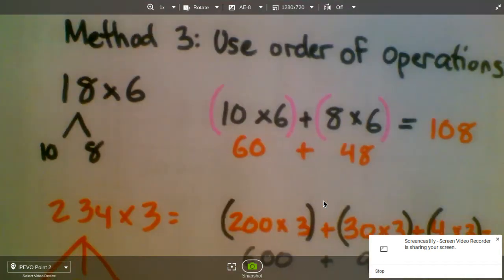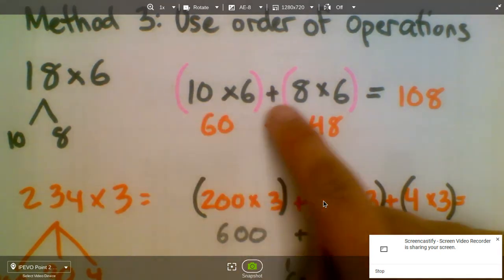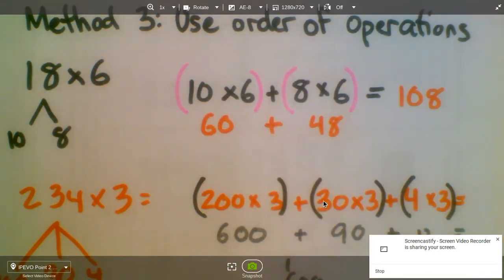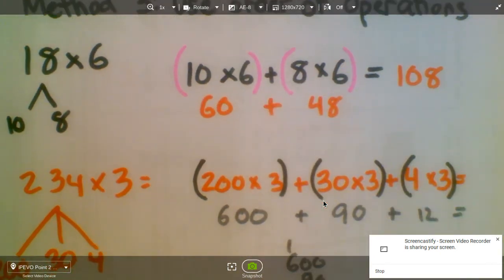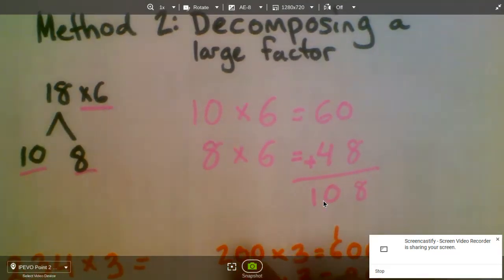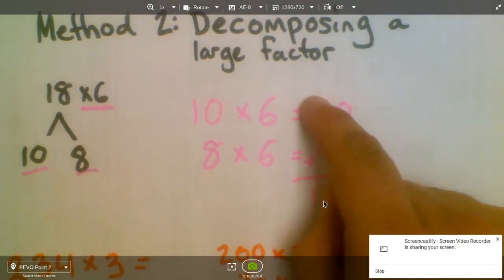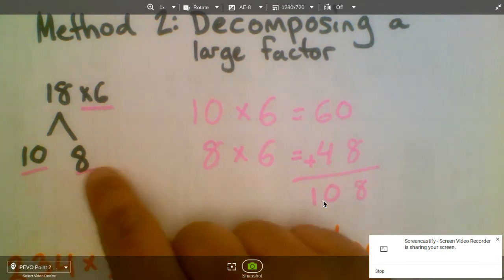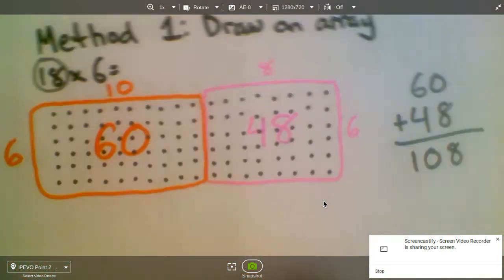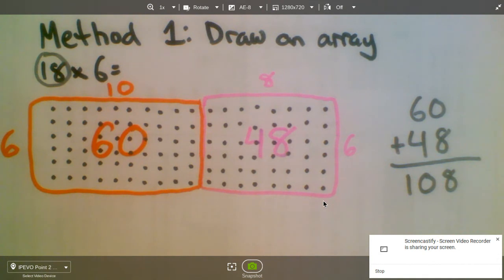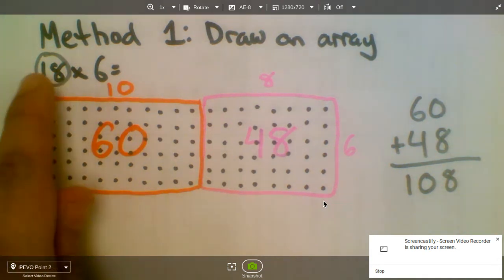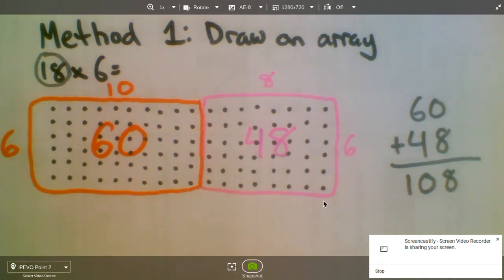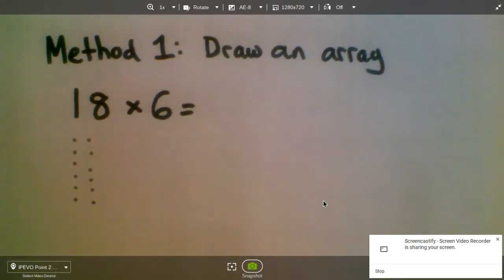Method number 3, using the order of operations, using your parentheses to keep your pieces organized as you go to multiply them. Method number 2, decomposing a factor and writing smaller multiplication problems to address each of those parts. And originally, method number 1, drawing an array. Good when you're working with smaller multi-digit factors. You don't want to use it with bigger ones.